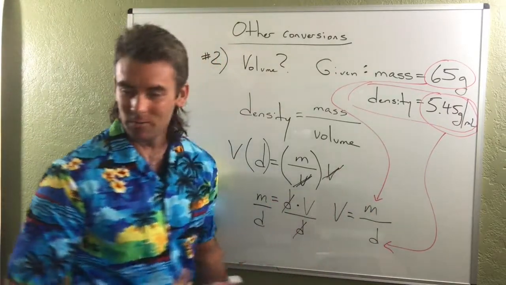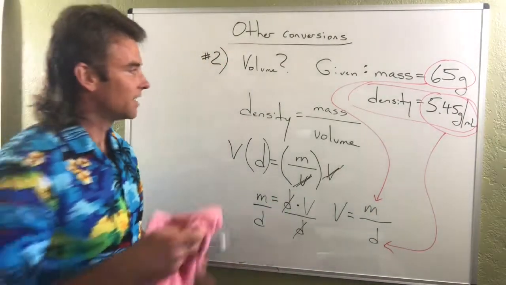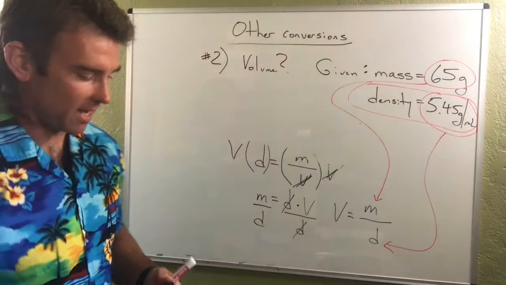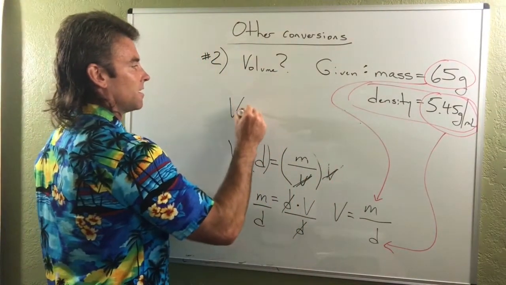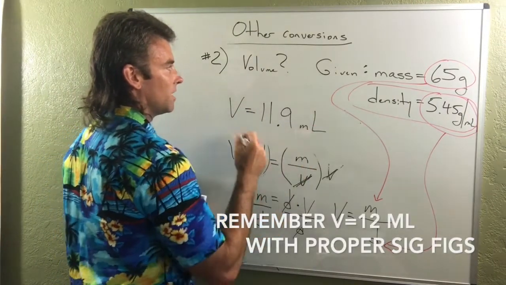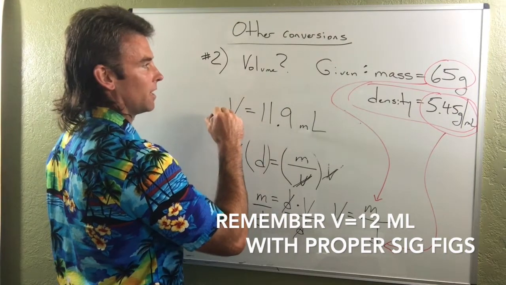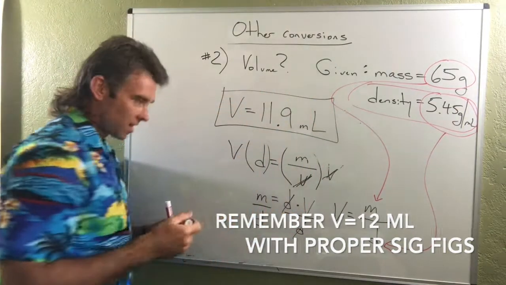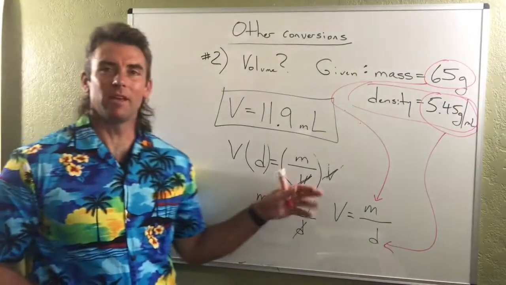I'm not doing very good with board management, so let's erase some of this hunka-munka, and I'll put the answer up here. If I'm remembering correctly, we end up with 11.9 mils.